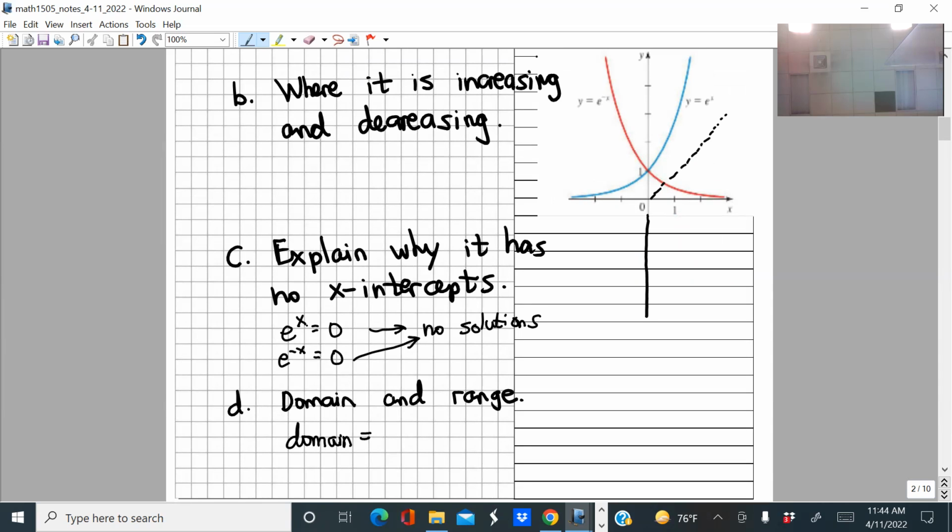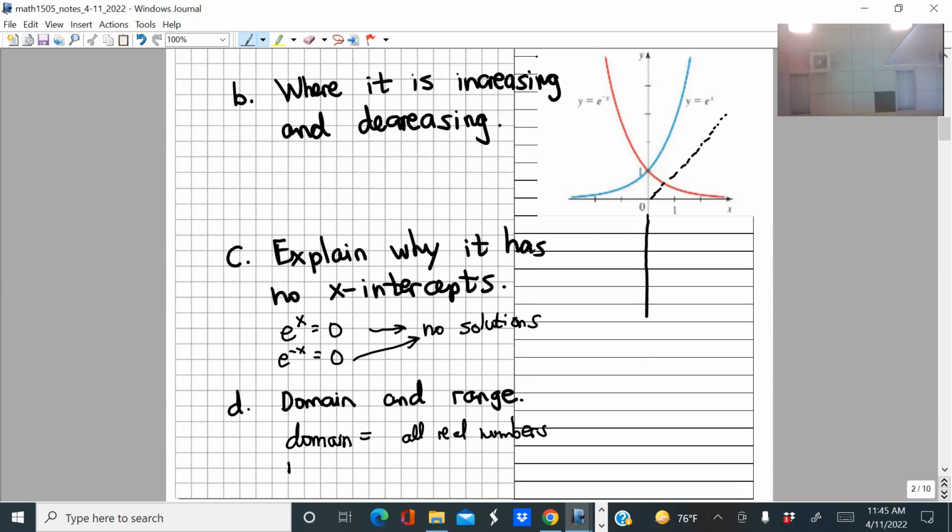What numbers can you plug in for x in this formula, e to the x power? You can plug in any real number, right? So the domain is all real numbers. So that graph extends all the way to the left and all the way to the right along the x-axis. You can raise the base e, or any base for that matter, to any power x, positive or negative.